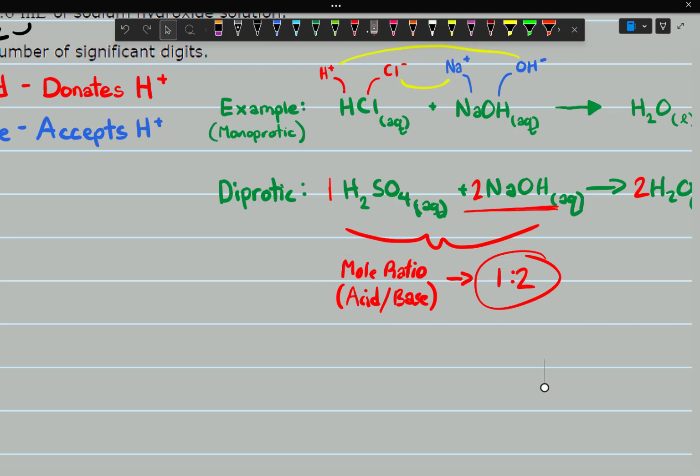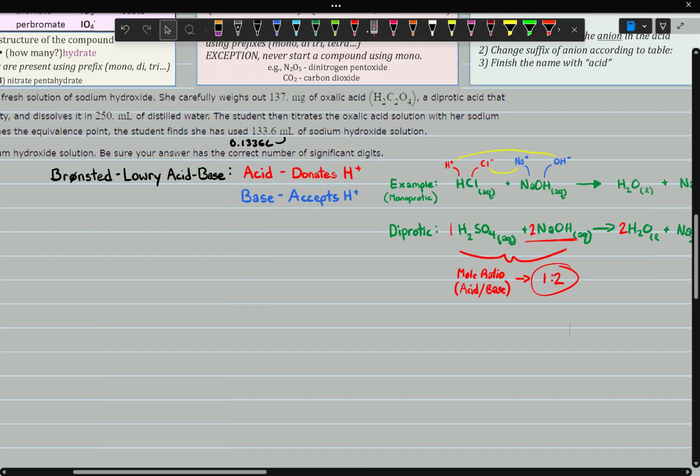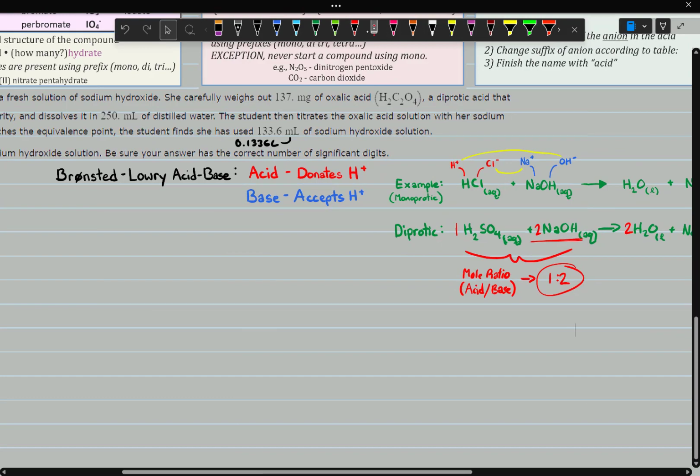So once we know the moles of acid in our solution, we can multiply it by 2, and that will be how many moles of base is used by the time the solution is titrated.